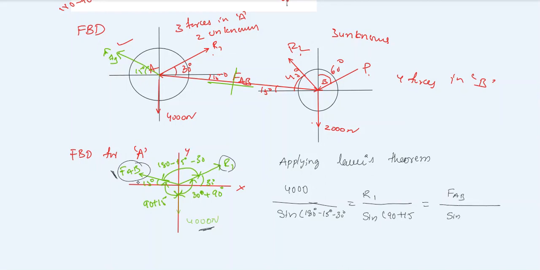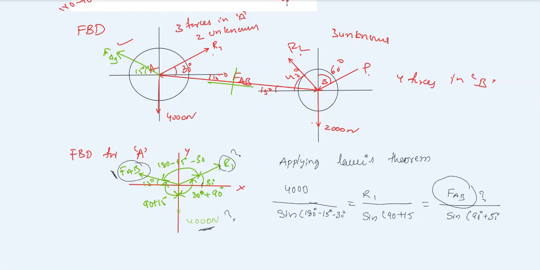So other than FAB, we have two forces, that is R1 and 4000. Between R1 and 4000, we have 90 plus 30. So in this equation, I want only FAB, because if you know FAB, body B will be reduced to two unknowns.